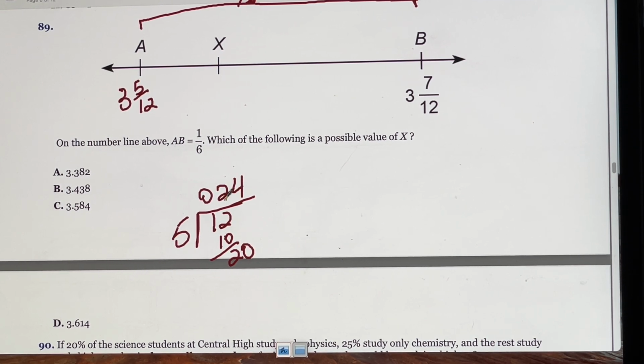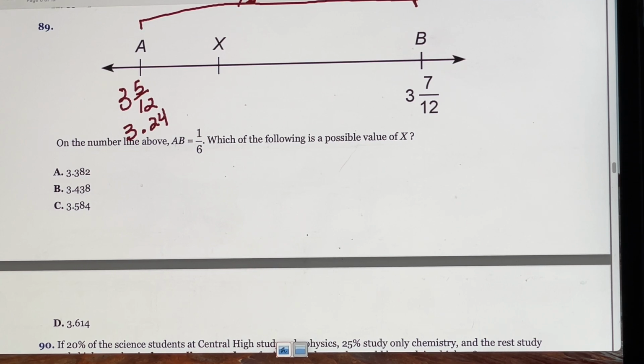So 3 and 5/10 is 3.24. Mr. Cho is going a little weird. Apologies, guys. What I did wrong here is dividing correctly. Oh, Jesus, okay. So that's wrong.